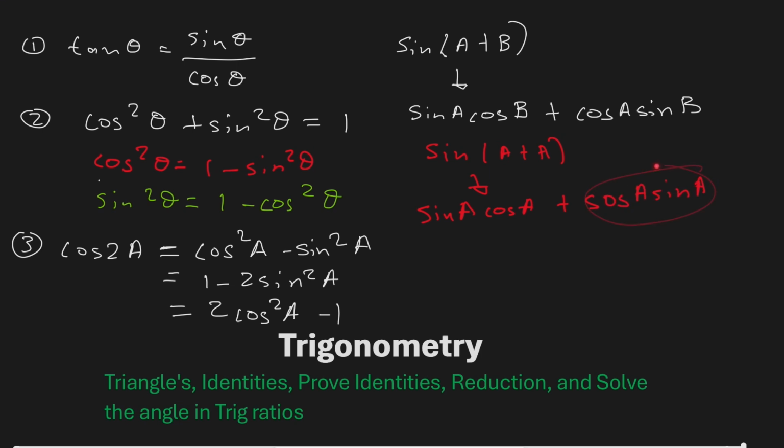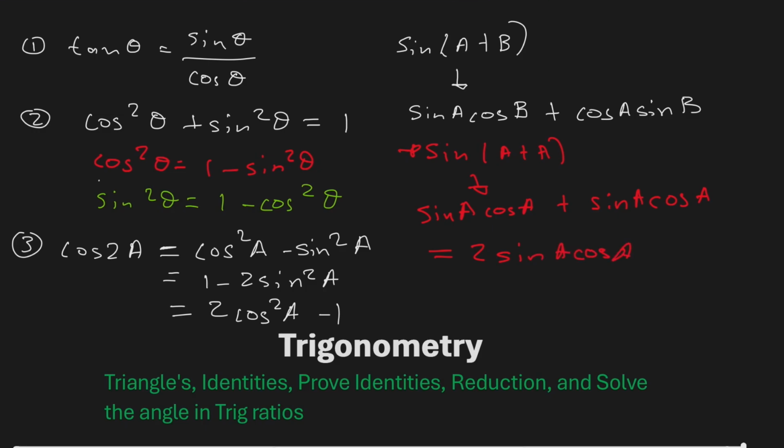You can just write it as sine A cos A so that we can add the like terms. If you look at this, we have the like terms, so we can add them together, and therefore the double angle of sine is going to be 2 sine A cos A.